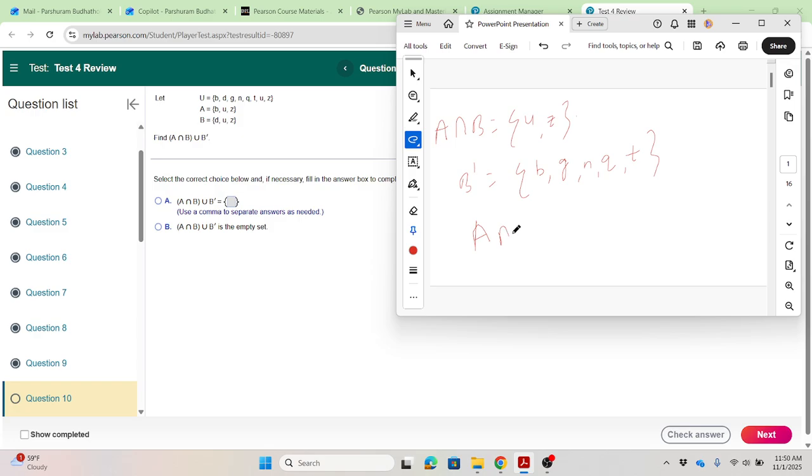So A intersection B union B prime is the union of everything here. So B is there for sure.